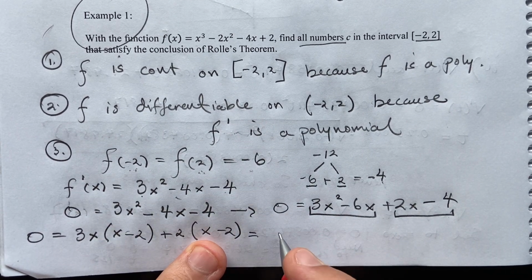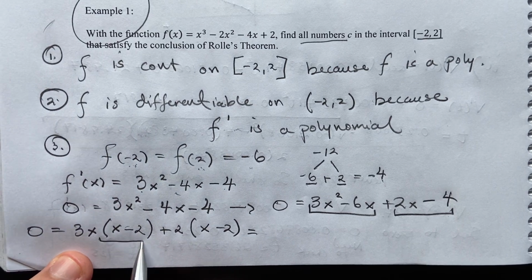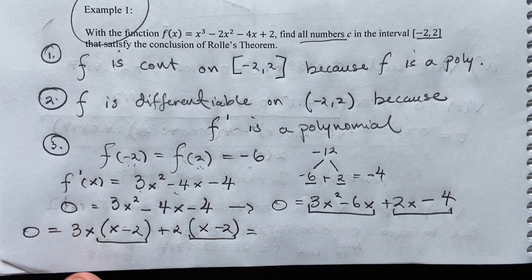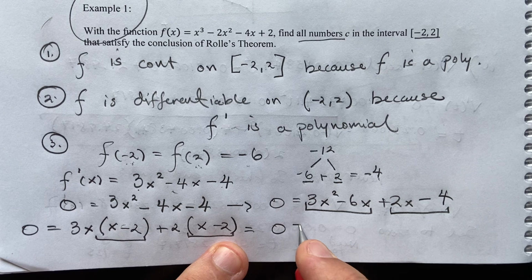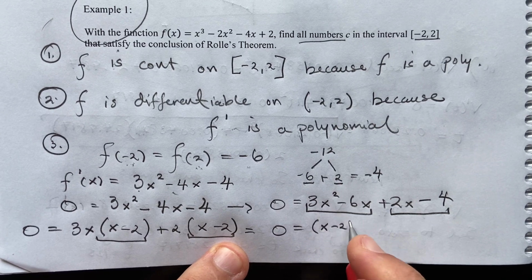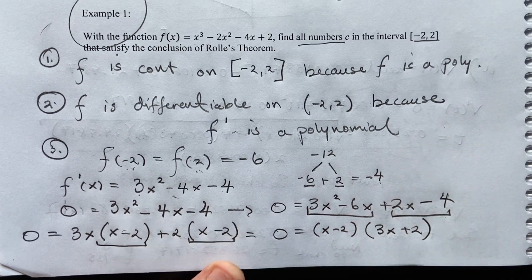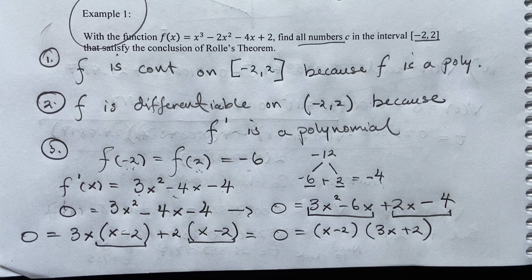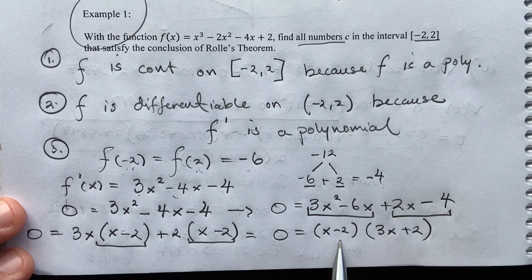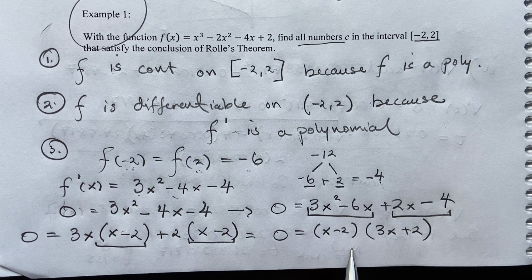If I factor out x minus 2, which is common to both, I get 0 equals x minus 2 times 3x plus 2. Solutions to that are going to be the c's we're looking for.